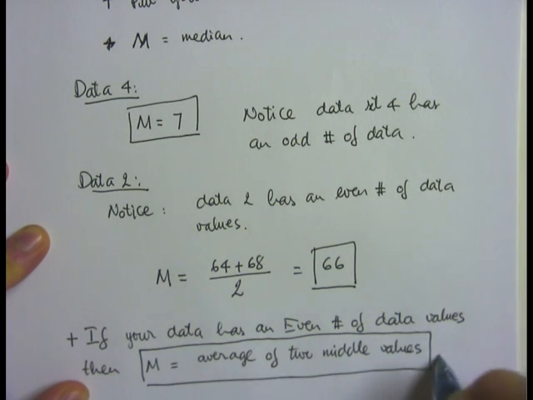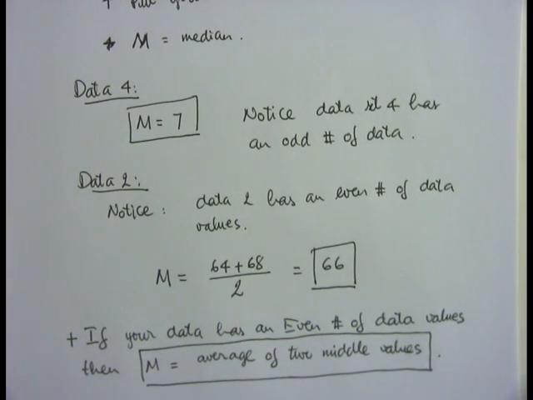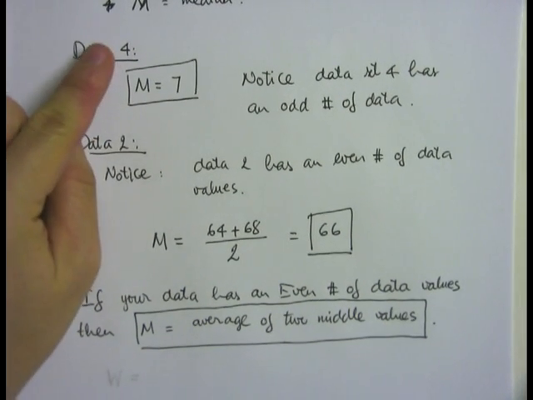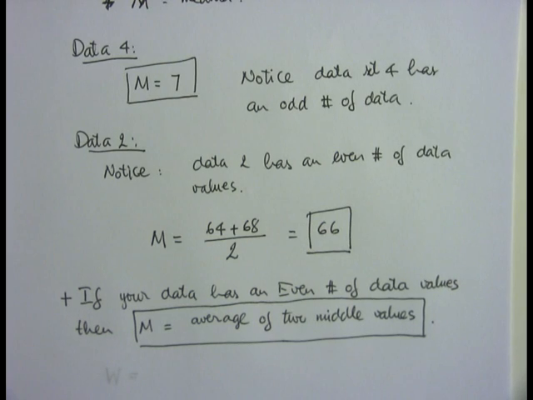Otherwise, if it's not an even number, or in other words, if it's an odd number, then all you have to do is simply find the middle value. And that's how we find the median of a data set.